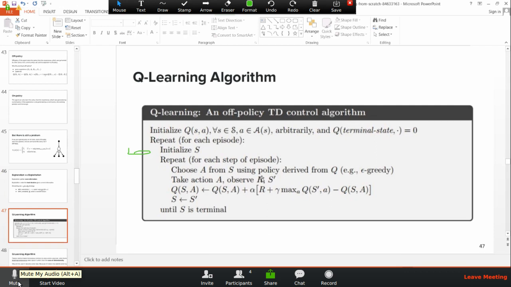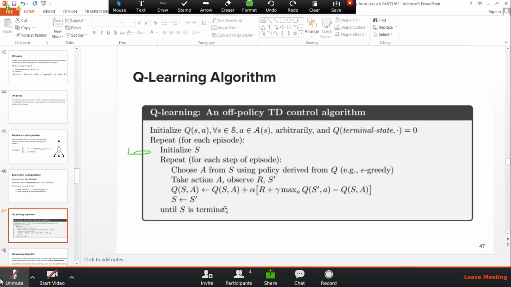And once you take this action, you have your agent and you have your reward. So you have taken some action and you are observing your reward, and you are going to some next state, s dash. Then after doing that, you update.